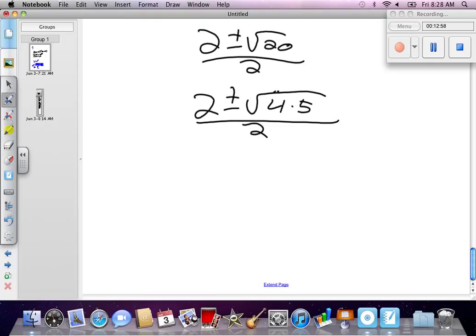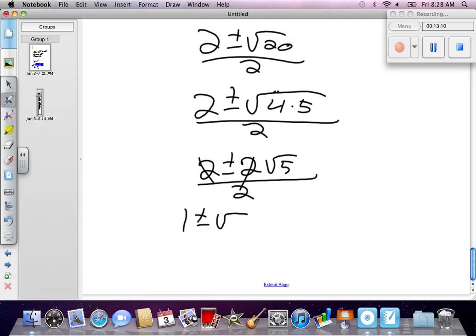I know that the square root of 4 is 2, so I get 2 plus or minus 2 square root 5 over 2. Then I'm going to divide both of these by 2, and I'm going to get 1 plus or minus the square root of 5, or 1 plus square root of 5, 1 minus square root of 5. Okay? So which answer is that? A, B, C, or D? D.